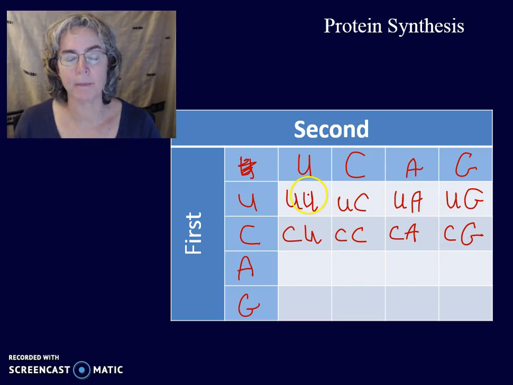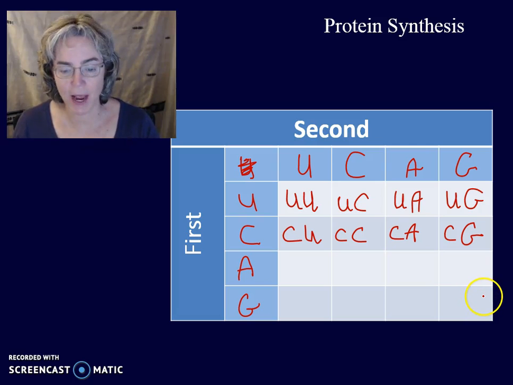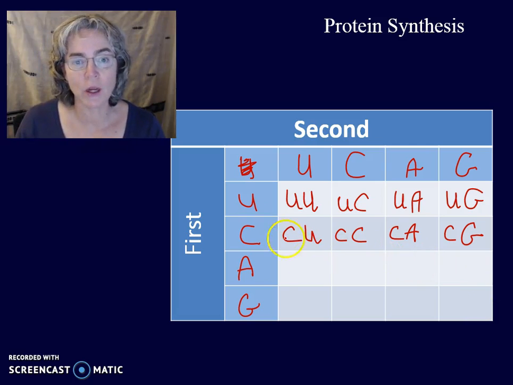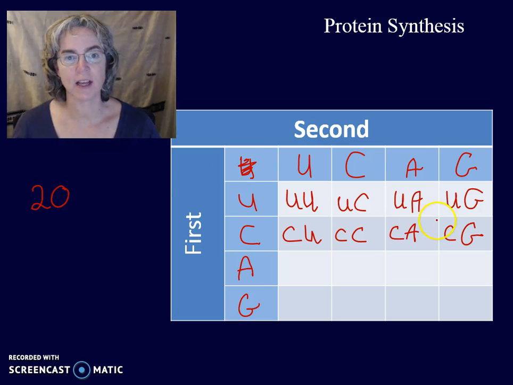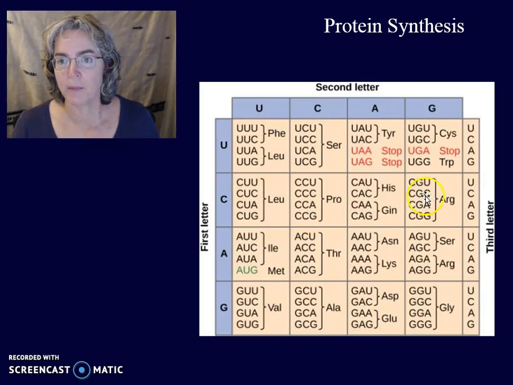How many amino acids can we get? We can only get 4 times 4, 16 amino acids, but we need 20 amino acids. So that's not enough.